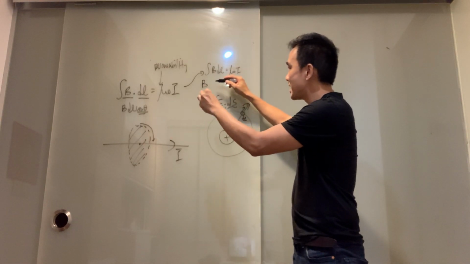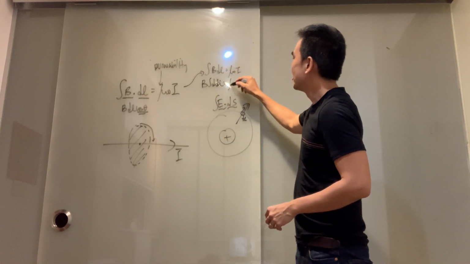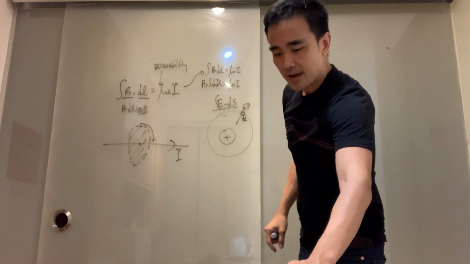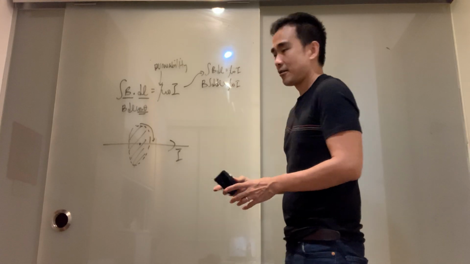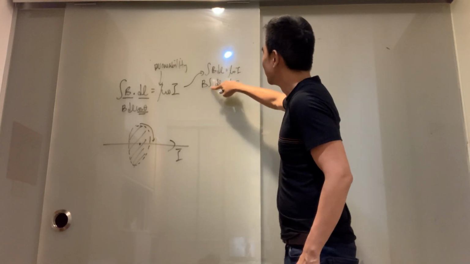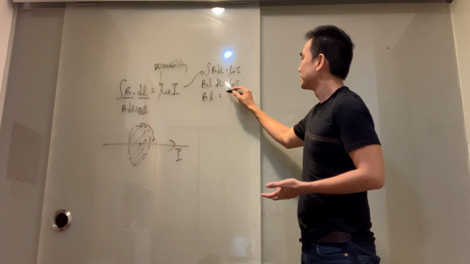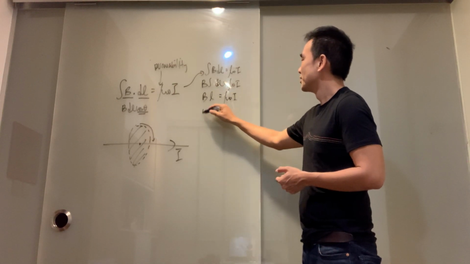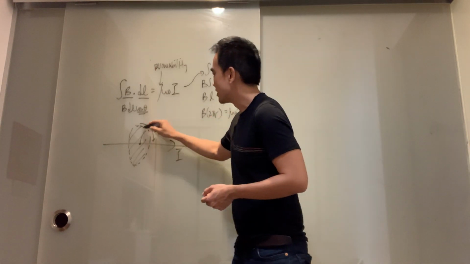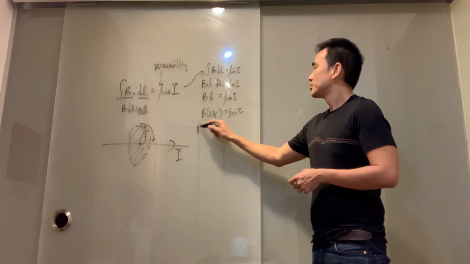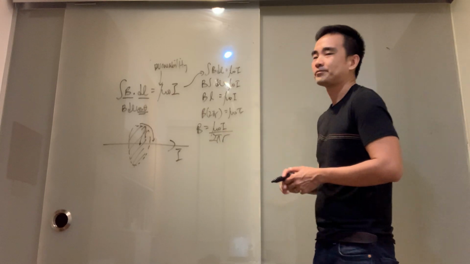So we bring B out, and it becomes B times the integral of dl equals mu naught I. If you integrate dl, it should be simply L, which is the length of the loop, which is 2 pi r, r being the radius of the loop that you choose. So the magnetic field is equal to mu naught I upon 2 pi r.